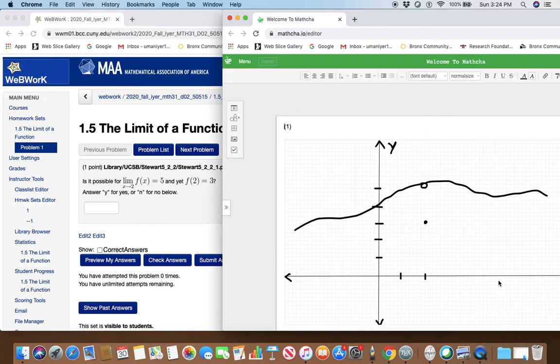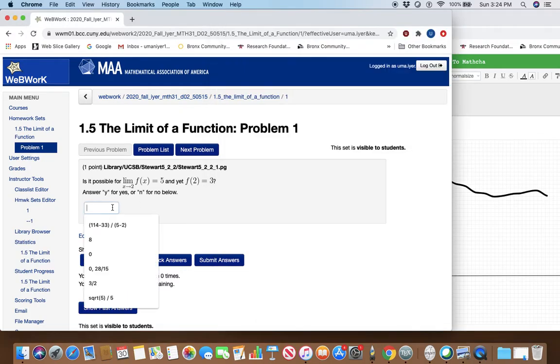As x approaches 2 from the right, the values of f go up and down and approach 5. In other words, the limit as x approaches 2 of f(x) is 5 and f at 2 is 3. So yes, both of these are possible.